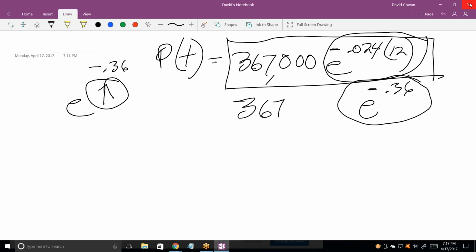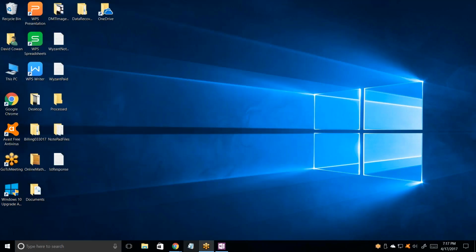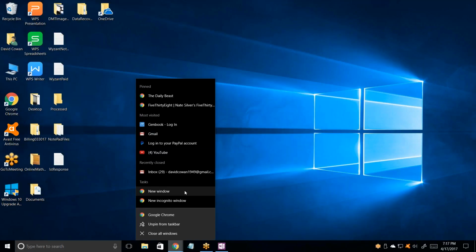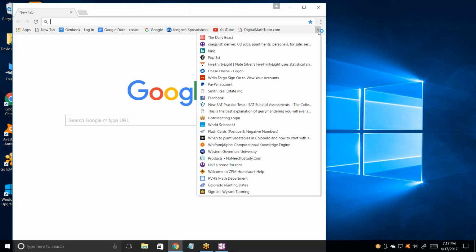If I do E raised to minus 0.36, Control Enter, it just gives me 1 over E to the 0.36. It doesn't convert that to a number. Okay, let's do it the hard way on Wolfram Alpha. I don't know why my calculator's having problems with it, but Wolfram Alpha is something.